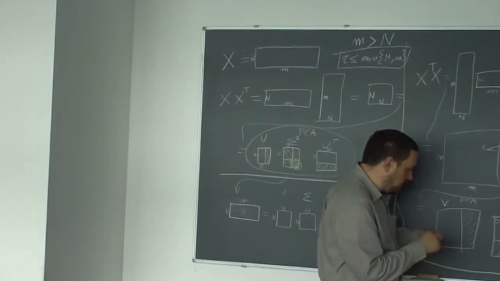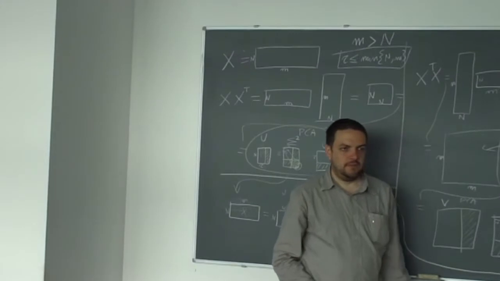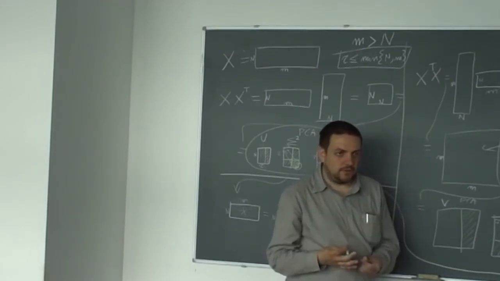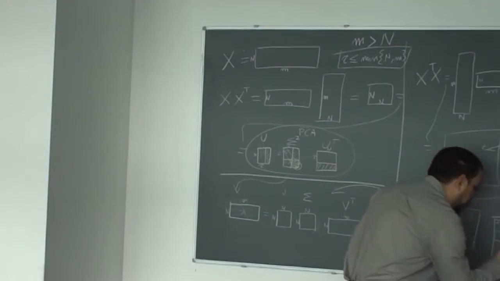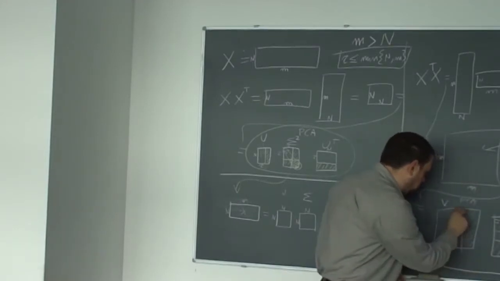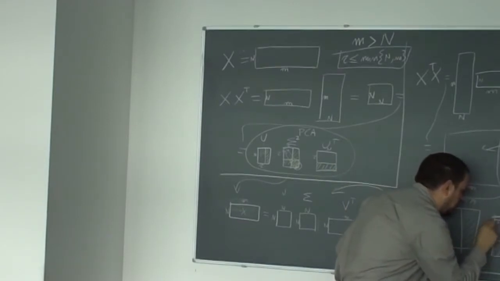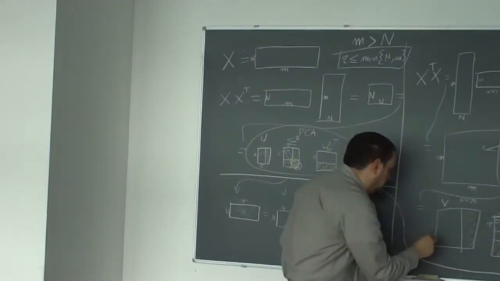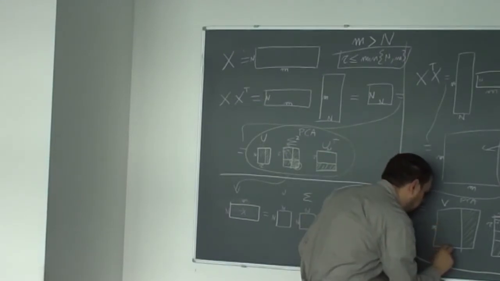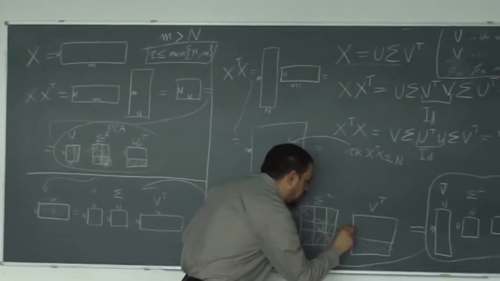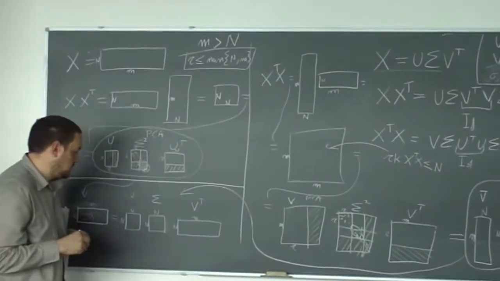If the last values here are 0, then this can be reduced even more, making this an R by R matrix, here an M by R matrix, and here an R by M matrix.